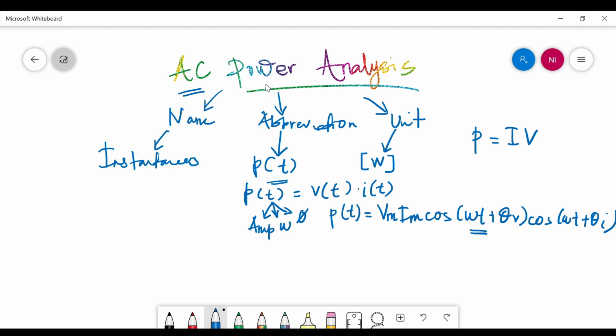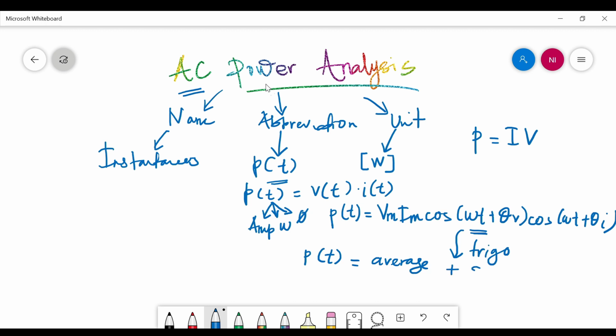So we need to apply a trigonometric identity. After we apply the trigonometric identity, this instantaneous power will be separated into two parts. The first part is average power.